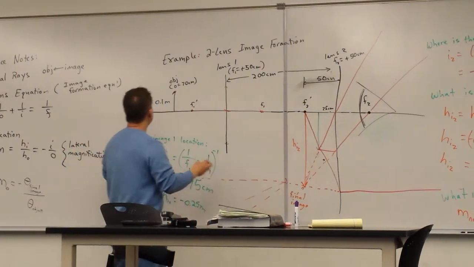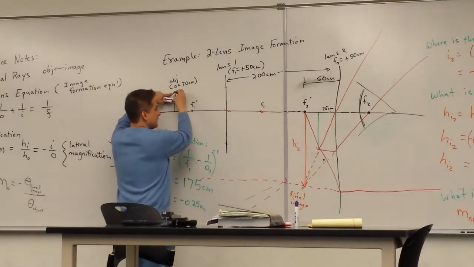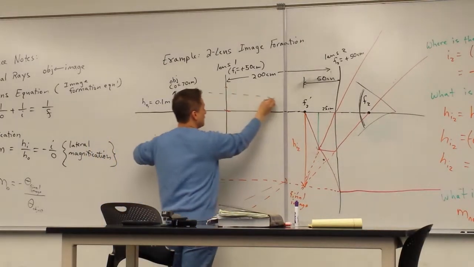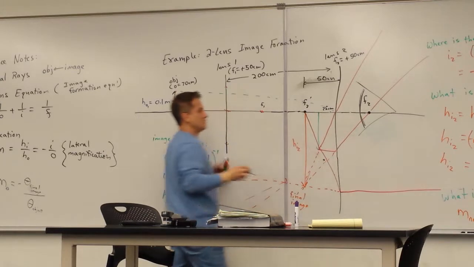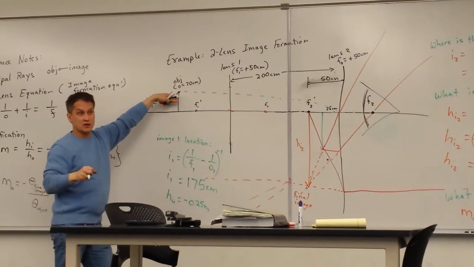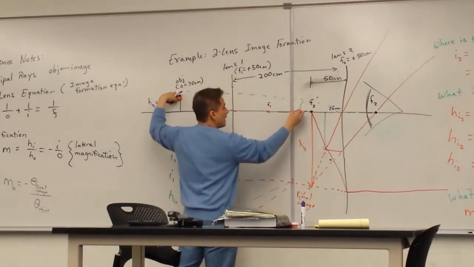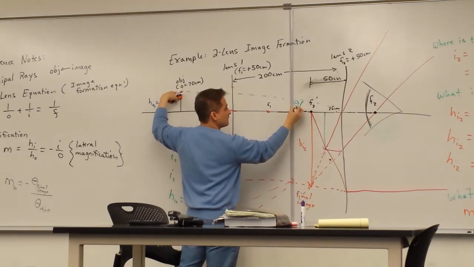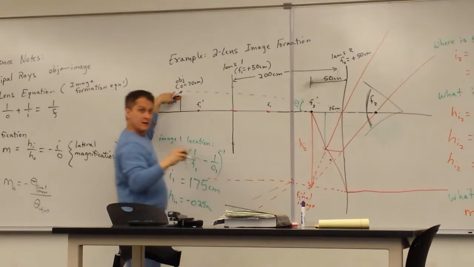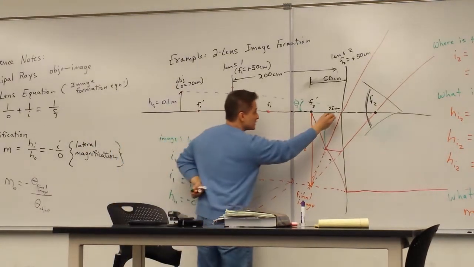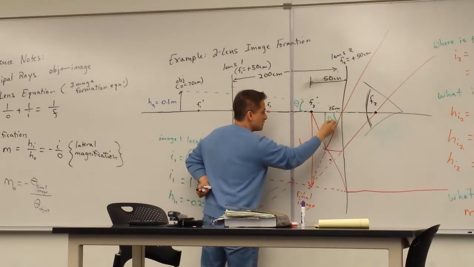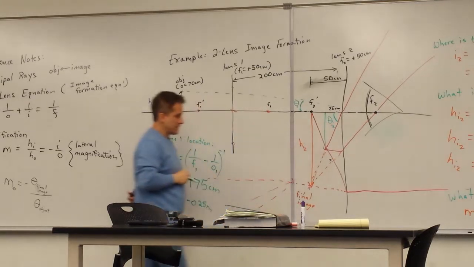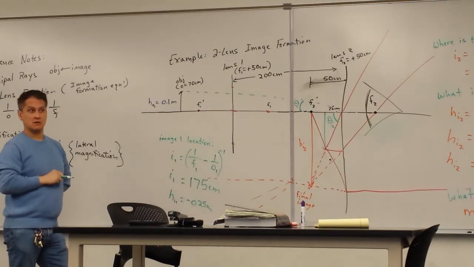So what we need to do is draw a straight line to the original object, and I want to compare this angle here, which is the angle of the object, to this angle here, which is the angle to image 2.